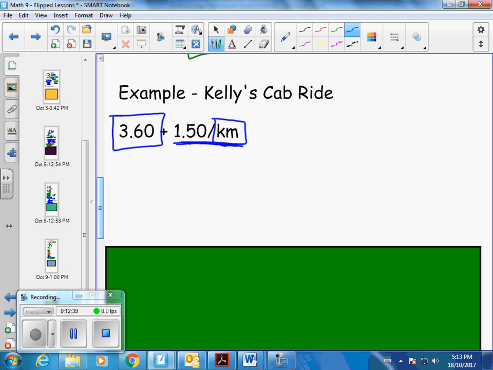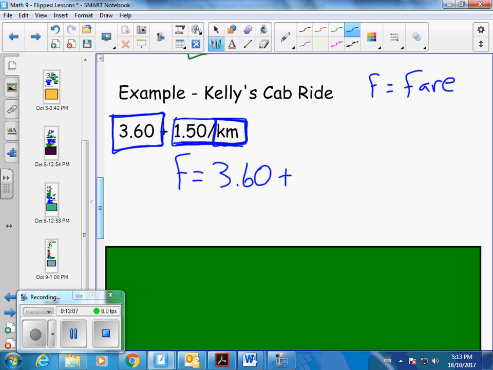So what I need to do is come up with an expression or an equation that shows what my total could be depending on how many kilometers I'm going to be taking that taxi drive, right? So we're going to call f our big variable, f equals fare. Okay? I know right off the bat, every time I hop in the cab, they're charging me $3.60. So I'm going to put that in there. Now, they're not giving me a break in decreasing the amount of money, so I'm also going to add $1.50.